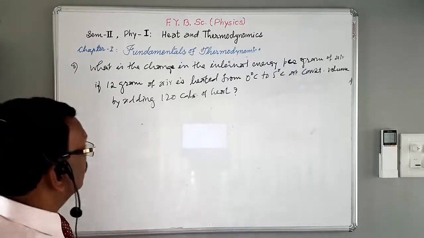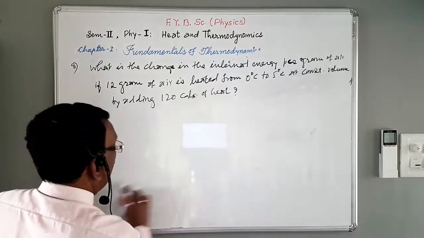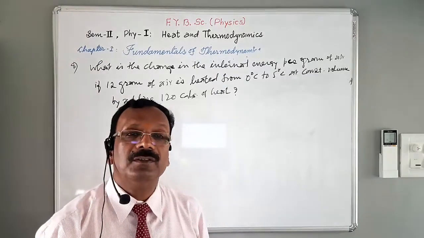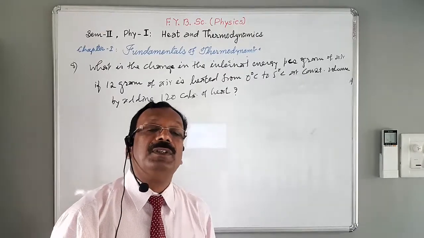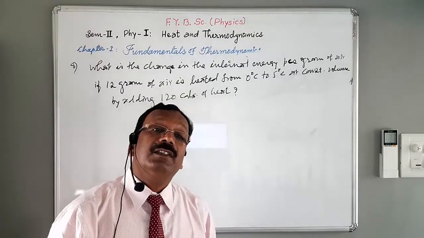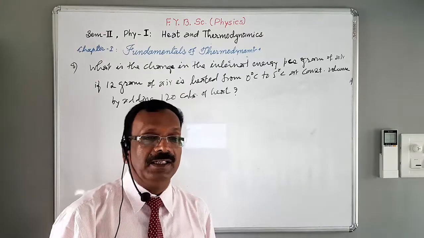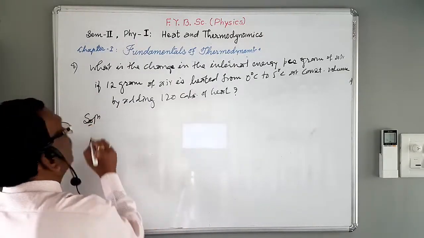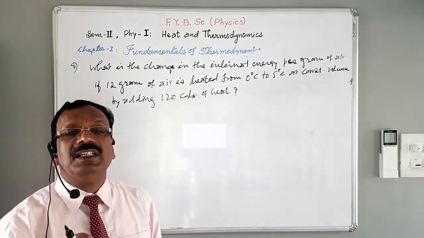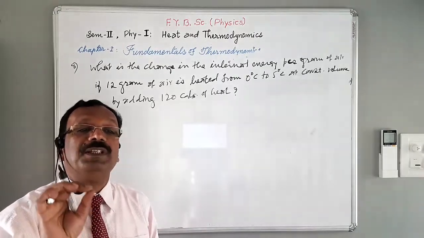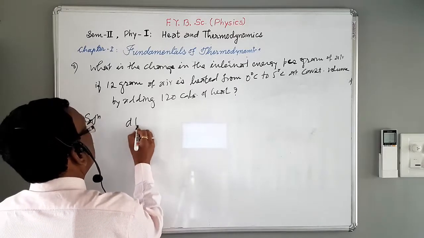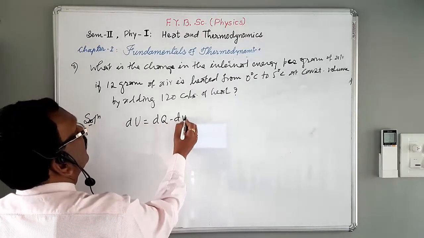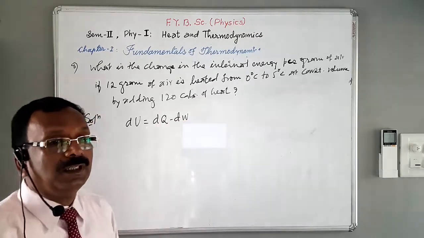Now, the solution again depends on the first law of thermodynamics, because the first law provides the method to calculate the change in internal energy. So, solution from first law of thermodynamics: the change in internal energy of a system is given by dU is equal to dQ minus dW.